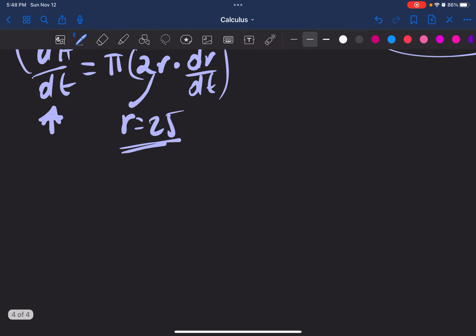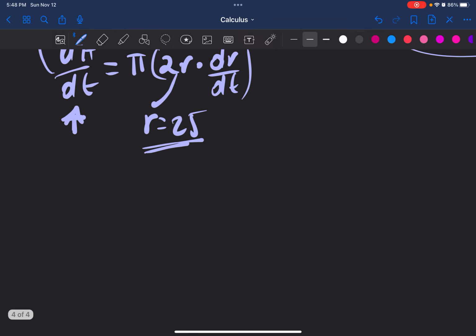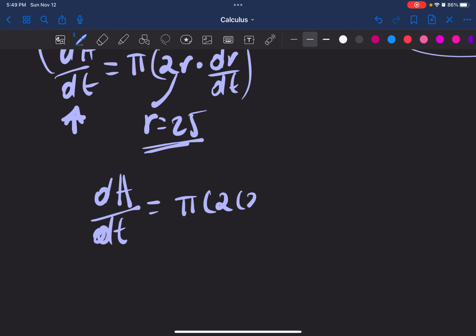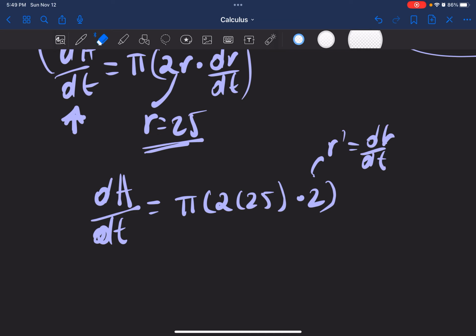I can write it all together. So dA/dt is equal to pi times 2 times 25 times 2. The 2 is r prime, which is the same as dr/dt. Sorry for my bad handwriting here.